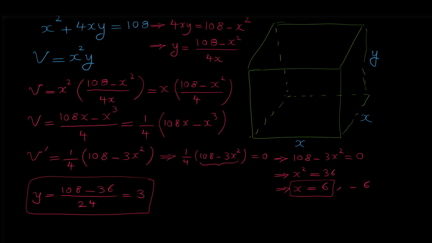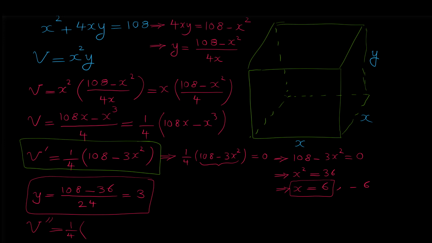If we want to prove that these values make the volume of the box maximum, we can use again the first derivative test or the second derivative test. Here I use the second derivative test. So first I have to find V double prime, the second derivative of the function. Because V prime was 1/4 times (108 minus 3x squared), V double prime would be, again, we have to write 1/4 because it's a coefficient.